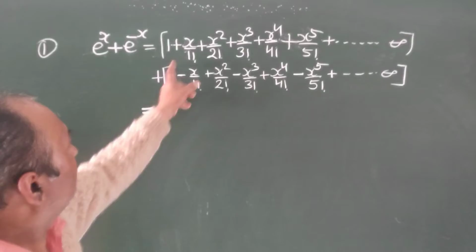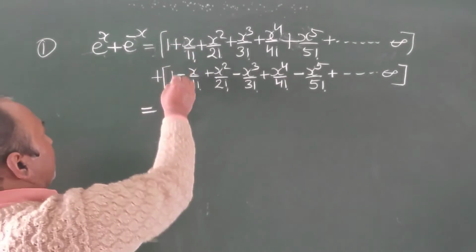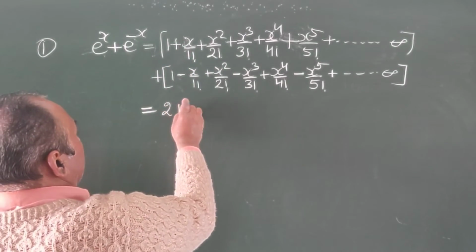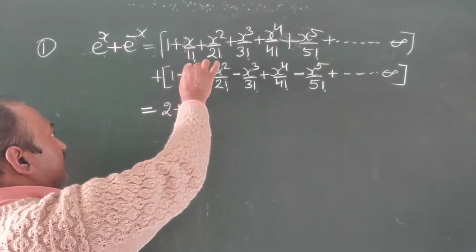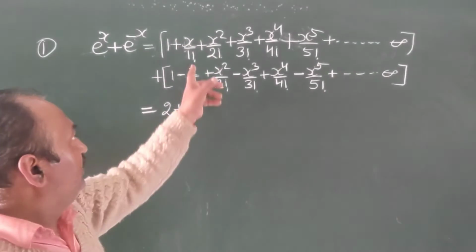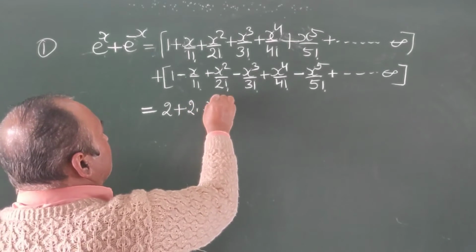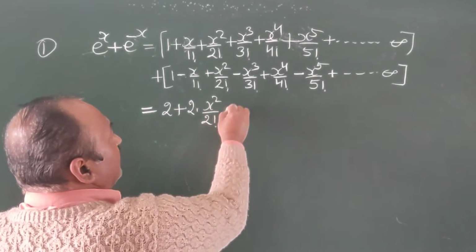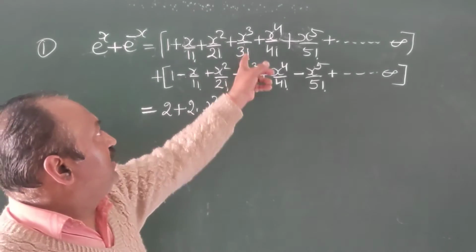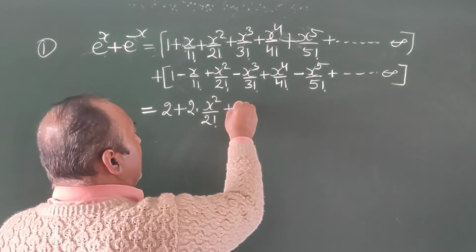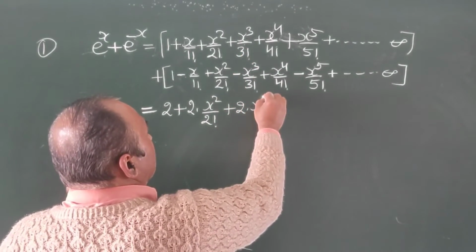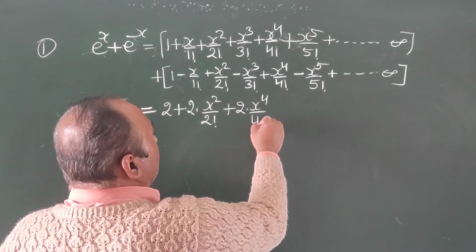And adding these two, we get 1 plus 1, that is 2. And this will cut, this is positive, this is negative. And we will get 2 into x square upon 2 factorial. And it will cut and we get 2 into x to the 4 upon 4 factorial.